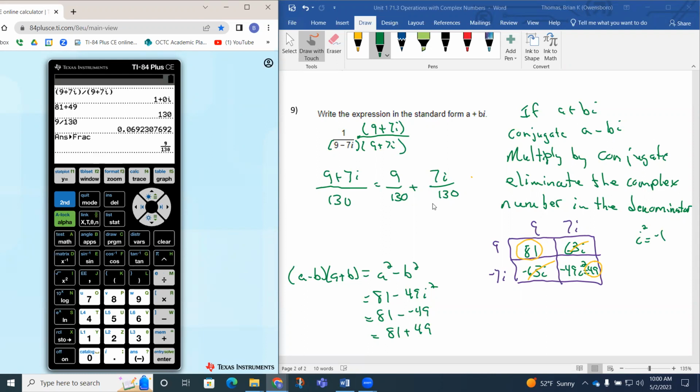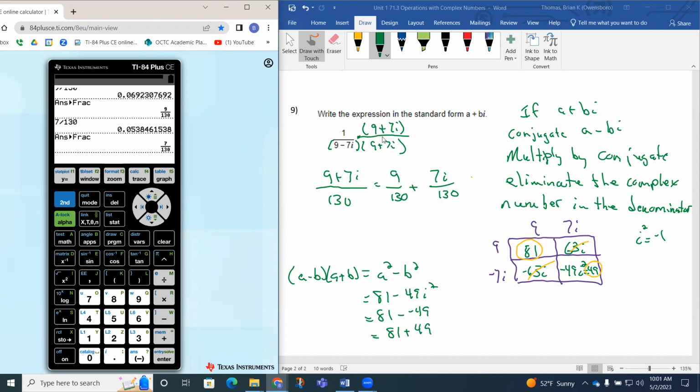The same thing with 7 over 130. So if I go 7 divided by 130, notice it's a decimal, but I want it to be a reduced fraction. So if I hit the math button, change it back to a fraction, hit enter, notice it also says 7 over 130. So that would be the answer, 9 over 130 plus 7 over 130i.